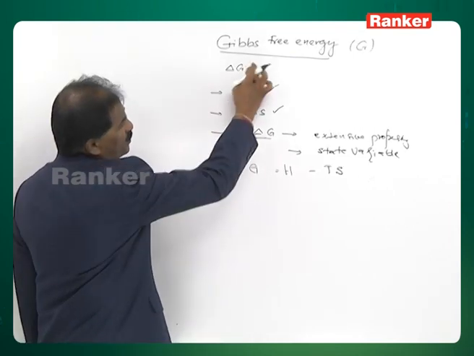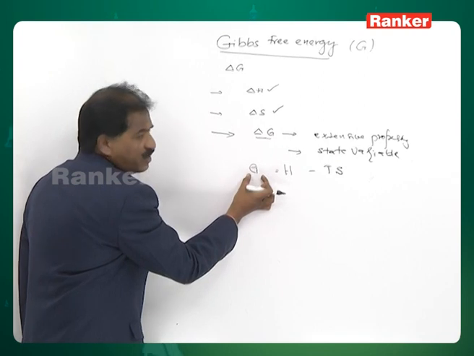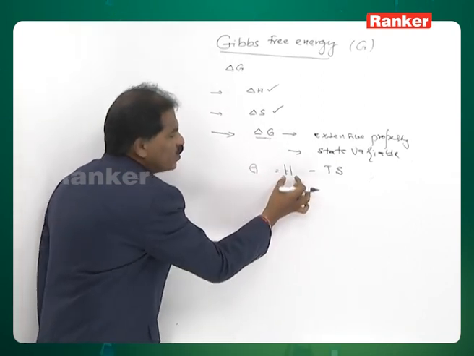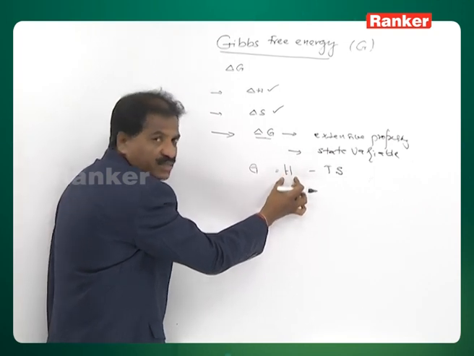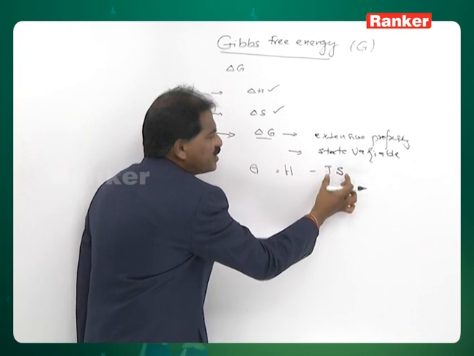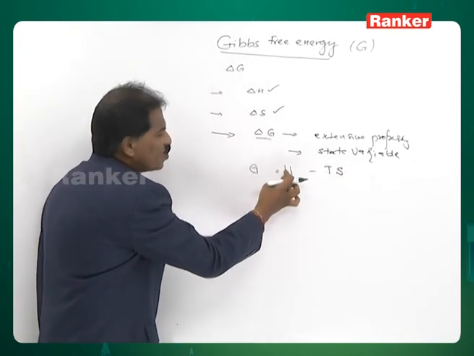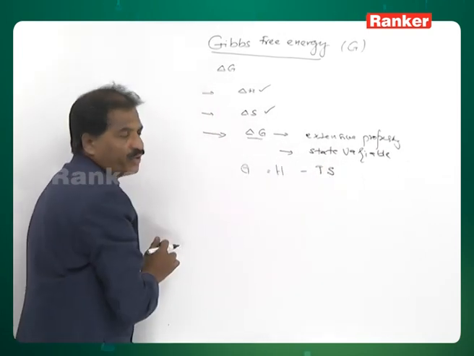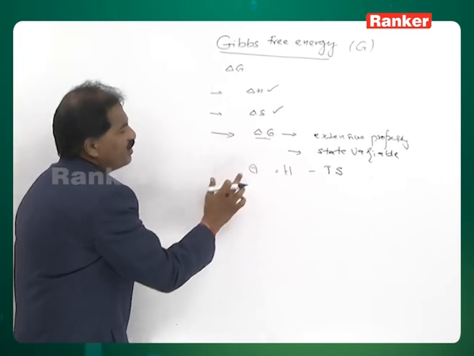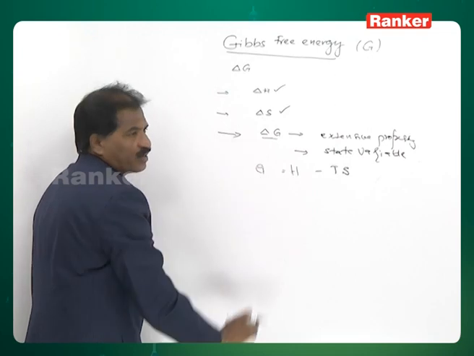Therefore, according to Gibbs, G is equal to H minus TS. H represents the total energy present inside the system. TS represents the energy that is wasted during the conversion of stored energy into useful form. Therefore, G represents the useful form of energy that participates in useful work.